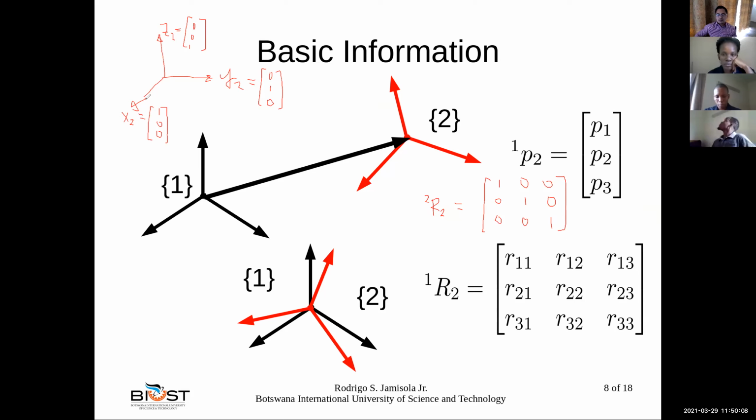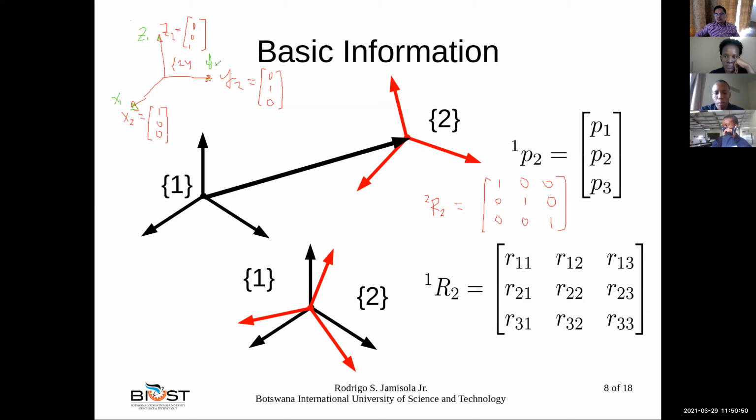There's no rotation. So the same thing, for example, if the orientation of frame 2 is the same as frame 1, let me change the color. This is coincident to Z1, exactly the same. This is also coincident to X1, exactly the same vector, and coincident to Y1.